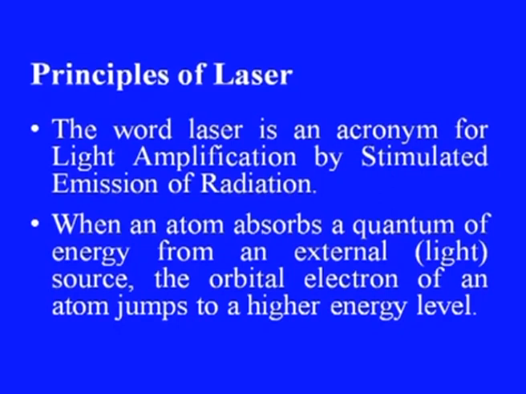So, when an atom absorbs a quantum of energy from an external source, which is usually a light source, the orbital electron of the atom jumps to a higher energy level. The electron later drops to its original low energy orbit and emits the absorbed energy.